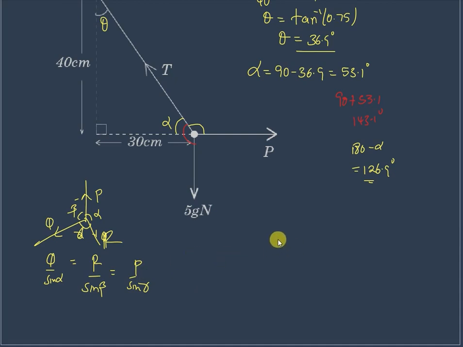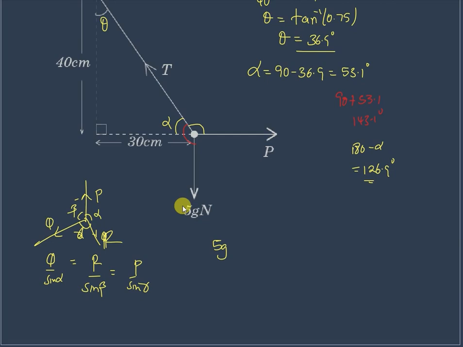So we are going to say that by Lami's theorem, you are supposed to write that expression in an exam. By Lami's theorem, 5g. This one is not 5 grams, it is 5 times gravitational acceleration, because a particle of mass 5 kilograms will have a weight of 5g, where g is not gram, but the gravitational acceleration, which is 9.8.